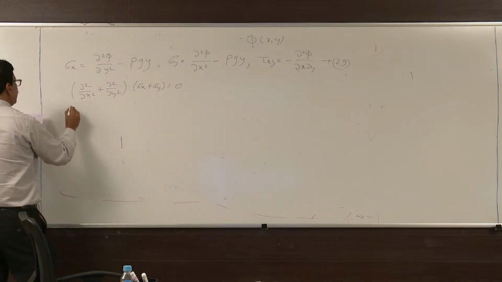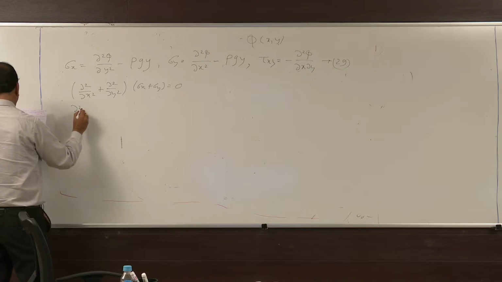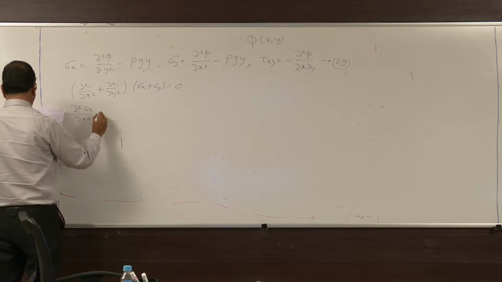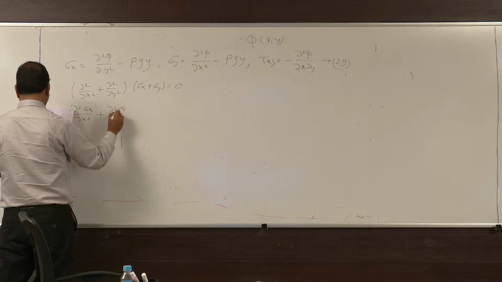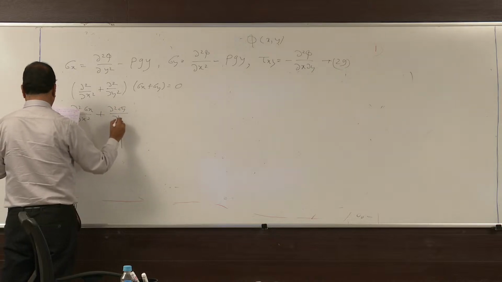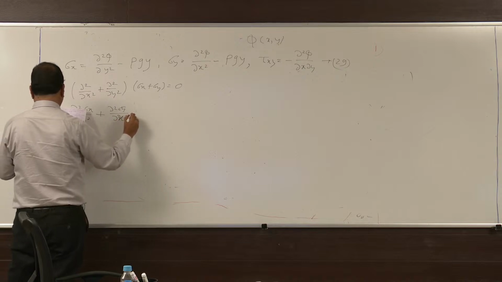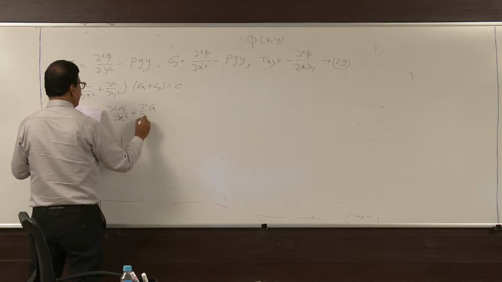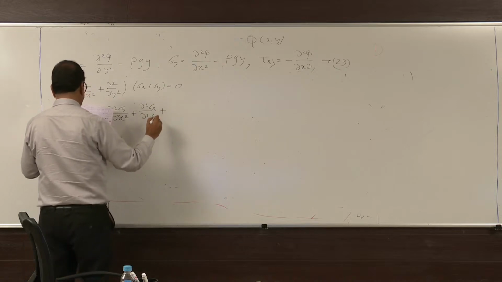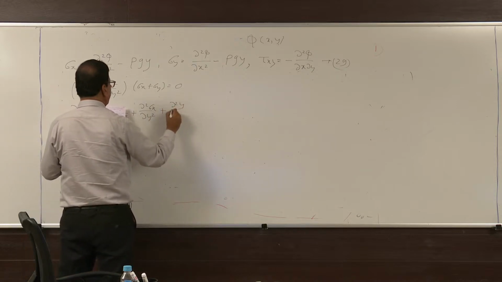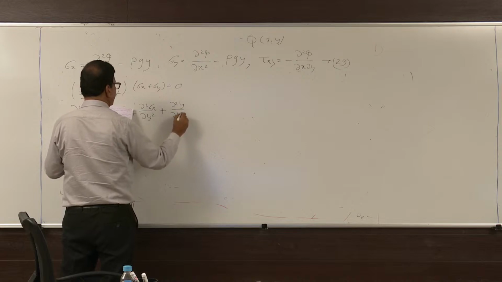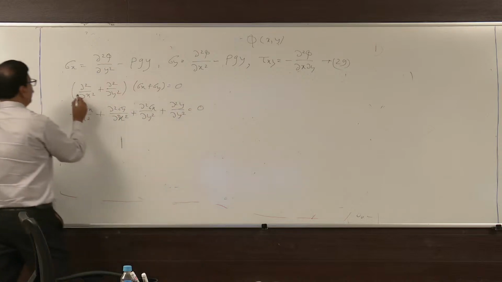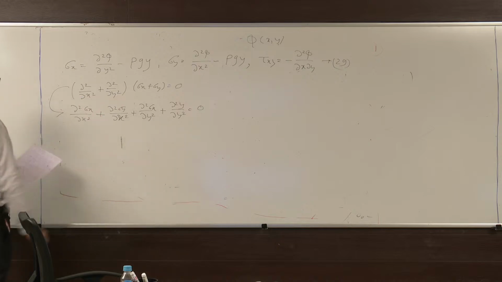As you open it, you will get del square sigma x upon del x square plus del square sigma y upon del x square plus del square sigma x upon del y square plus del square sigma y upon del y square is equal to 0. Just I open the bracket.